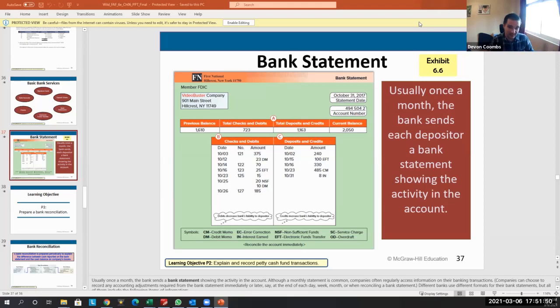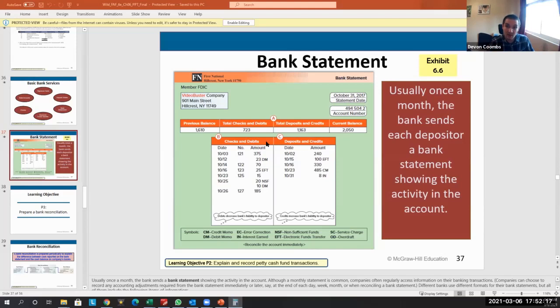Before we can do a bank reconciliation, we have to know what a bank statement is and what information is on it. Once a month, we'll get a bank statement from our bank, and it'll tell us how much was on our bank statement previously, the total checks and debits to our account, the total deposits, which are increases in our account, and our current balance.